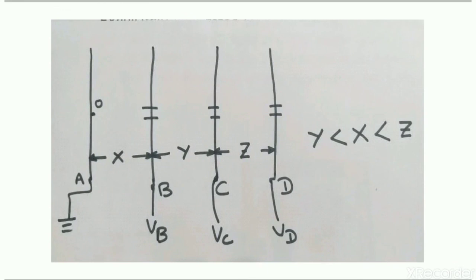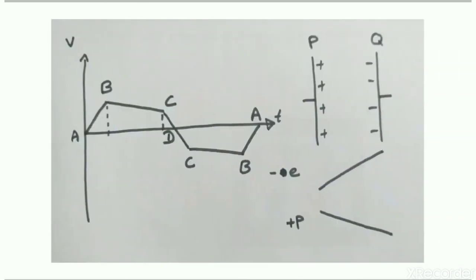If you summarize it, for an electron to move easily, it will go from a low voltage to a high voltage. From a high voltage to a low voltage, the electron finds it difficult to pass. This is the main theory. So from B to D, there is a deceleration, so the electron is moving with difficulty.